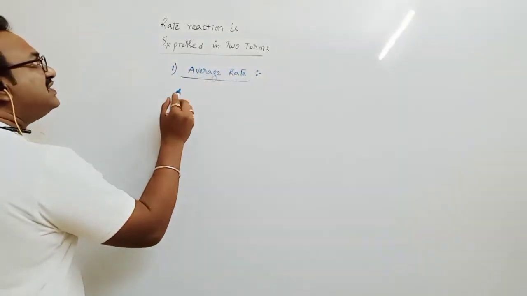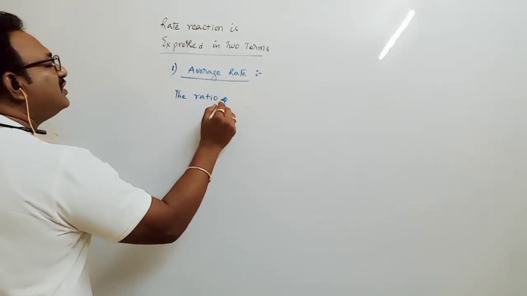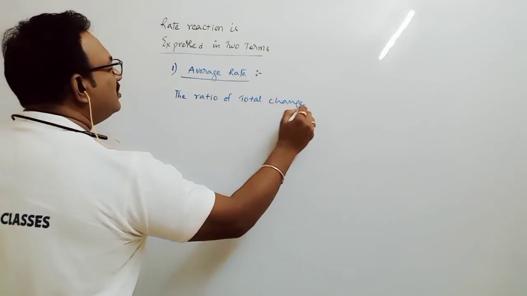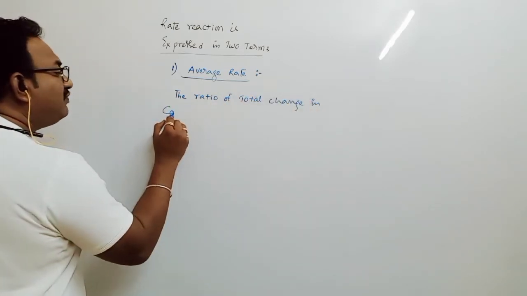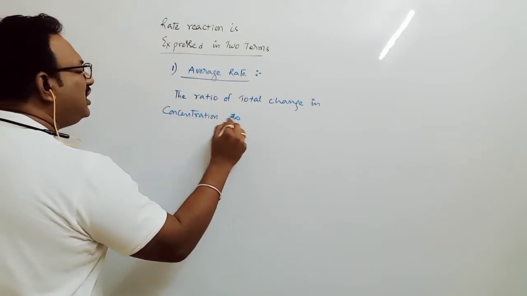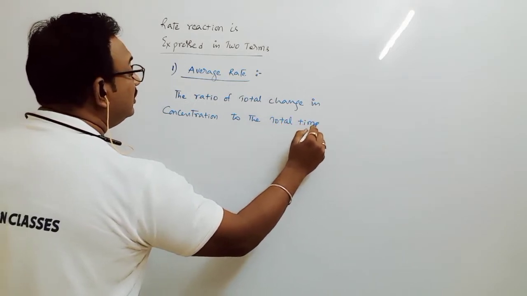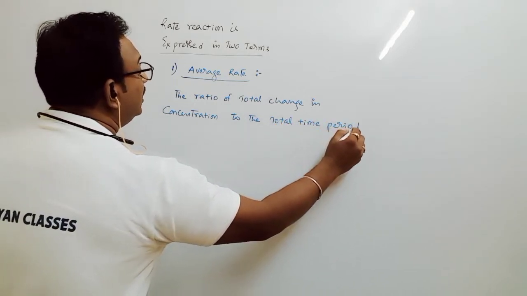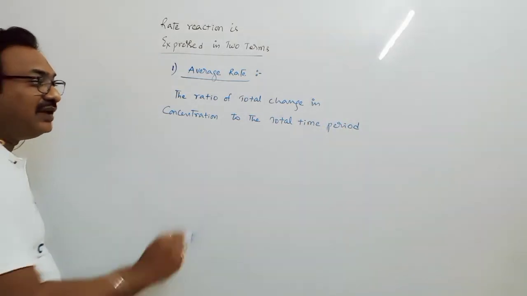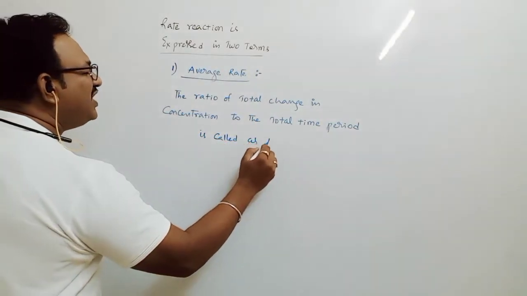See, what is average rate? Listen carefully. The ratio of total change in concentration to the total time period is called as average rate.